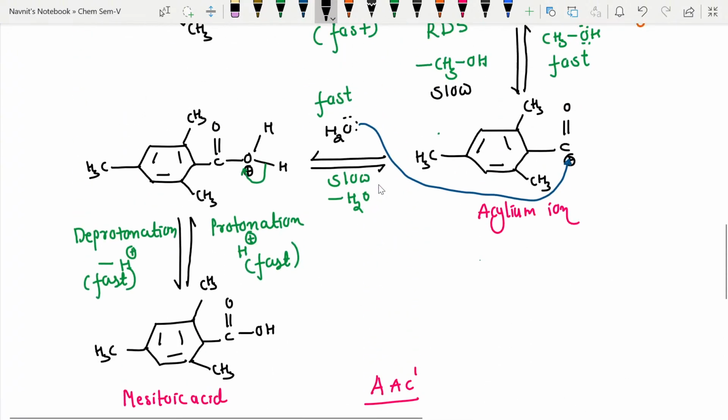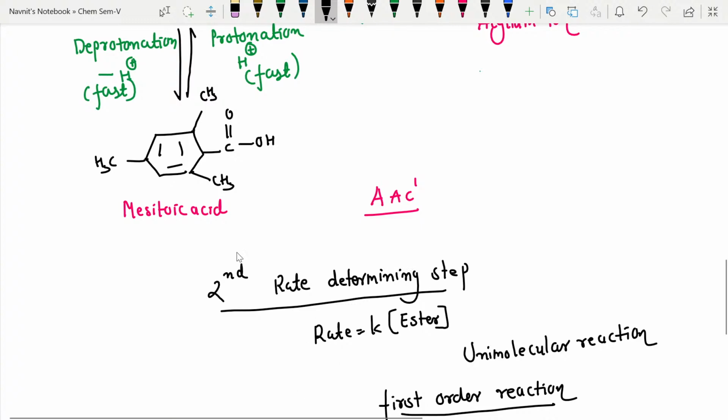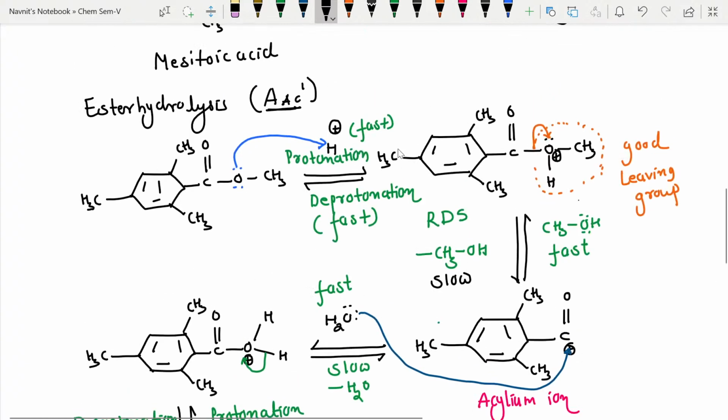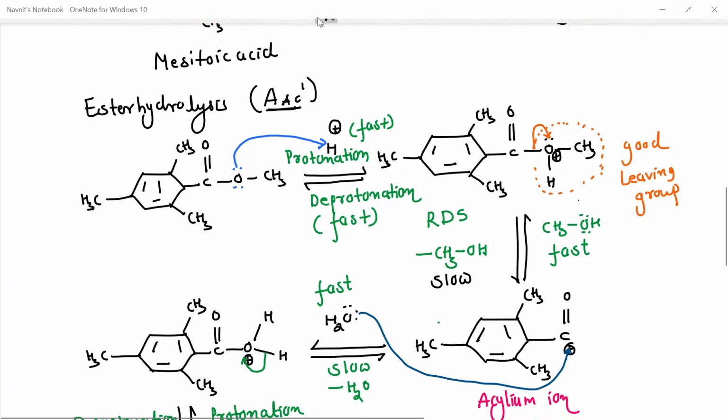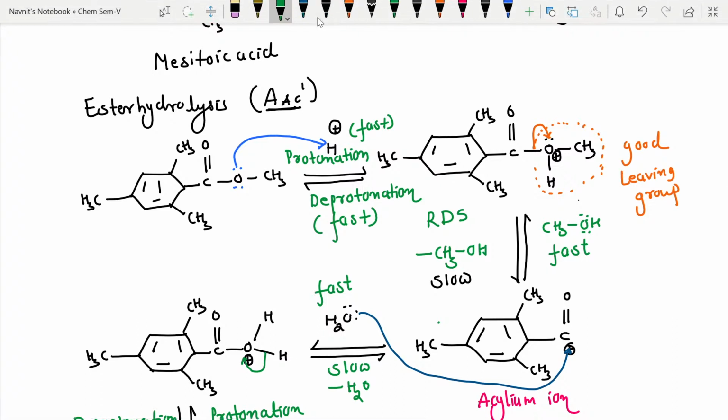So this reaction is first order and its molecularity is also unimolecular. Okay, this is the first step and this is the second step. So the second step is the rate determining step.